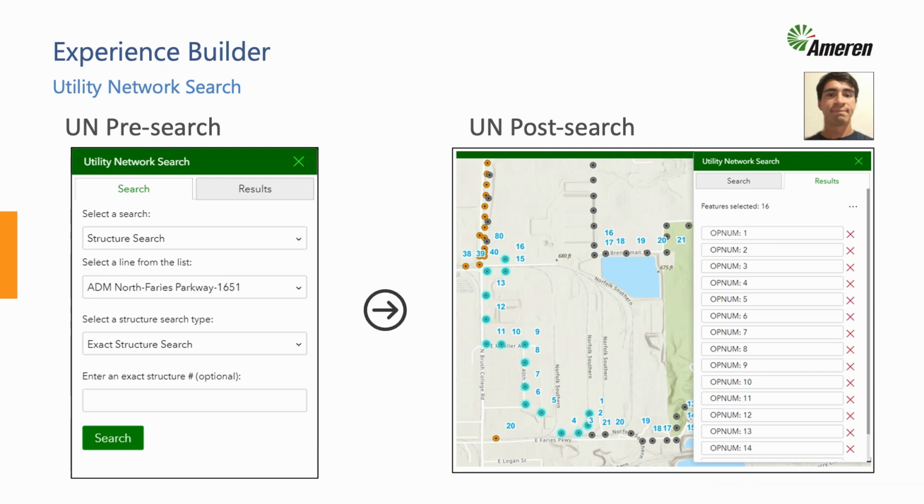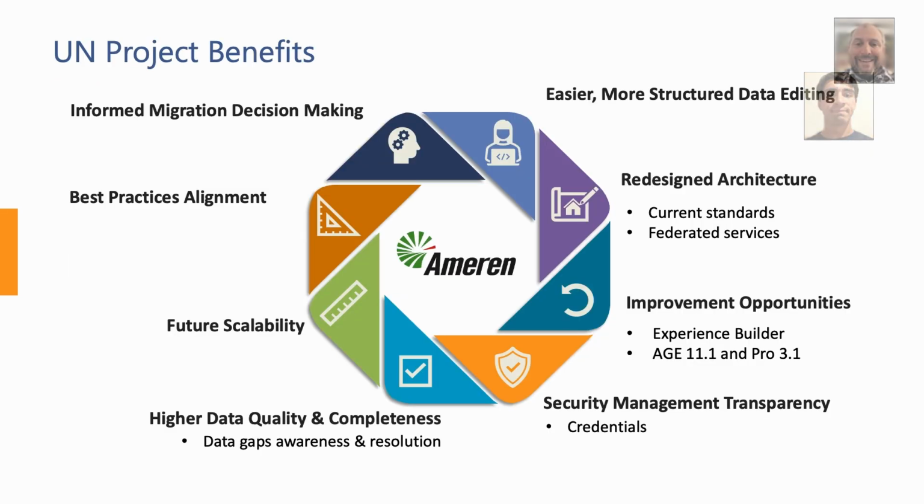So in this example, you're searching a line name on a feature class, and it's going through the UN associations and spitting out all the related structures based off of that search. And with that, I'm going to hand it back to Mark.